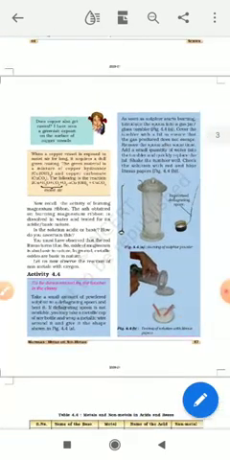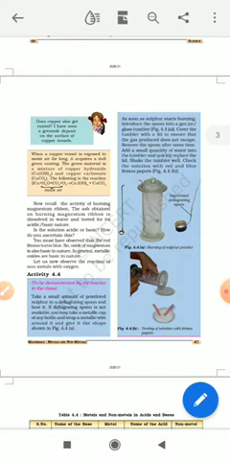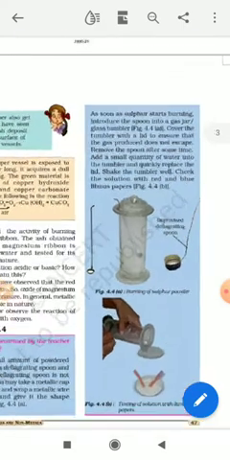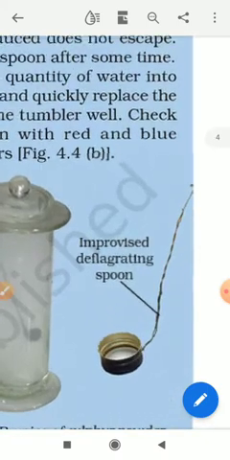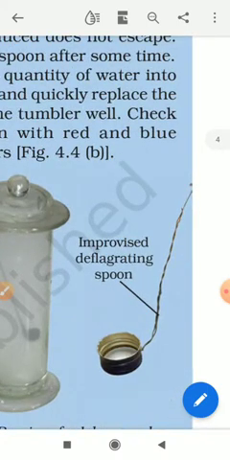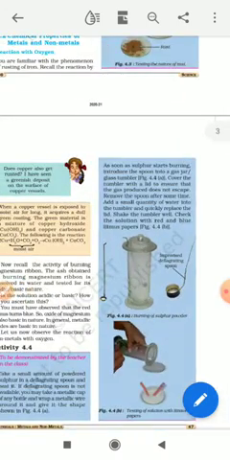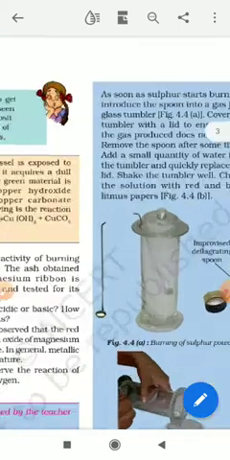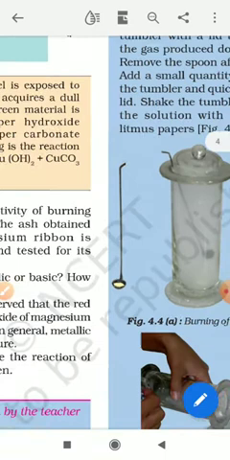When a small amount of sulfur is taken in a deflagrating spoon, and if a deflagrating spoon is not available, we can make an improvised deflagrating spoon ourselves. We can make it very easily at home also. So this is the improvised deflagrating spoon, but in the lab this type of deflagrating spoon is available.